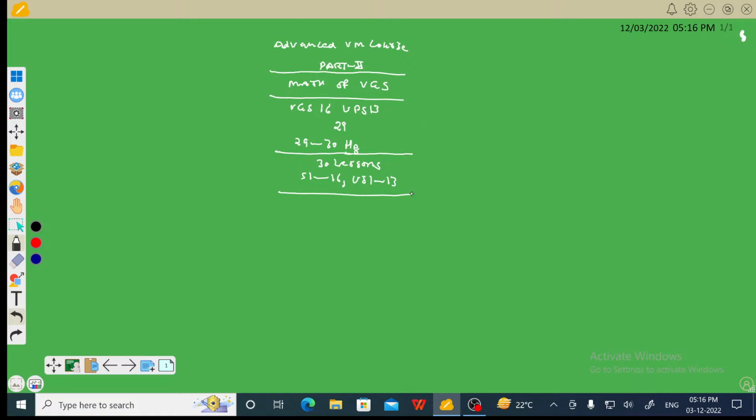Therefore, we can say part 2 is an attempt to glimpse values of mathematics of Ganita Sutras.